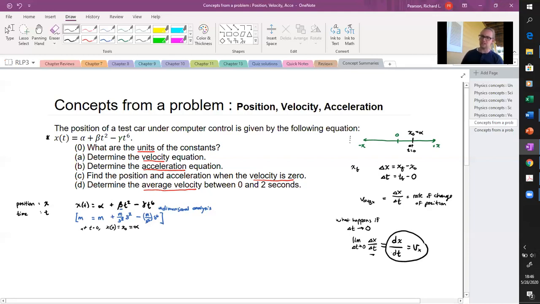So dx dt is the velocity at a particular point in some object's motion. So we go from an average, so note the difference here. The average, which is this rate of change of position over some amount of time, to an instantaneous, I should write that out.